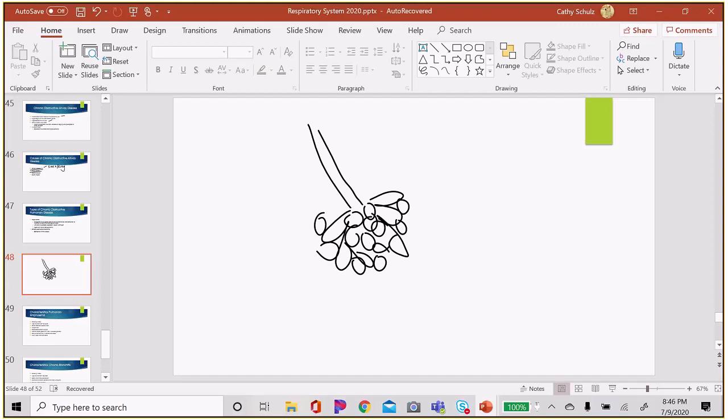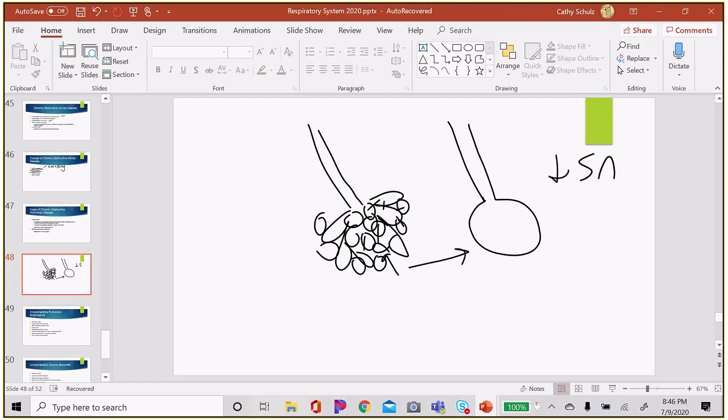When somebody smokes, it can trigger proteases, or enzymes, that break down the walls between the alveoli. So instead of this beautiful group of grapes, we have just one large alveolus. Right away you can see that we've decreased the surface area for gas exchange because we've lost some of that space.